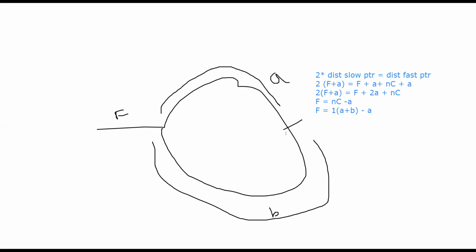Okay, does anyone have any other suggestion on that? Does someone want to share their screen and draw it? This is what I understood. I think your proof is almost pretty good. And what Gaurav was saying is that instead of 2 times f plus a, you could say f plus some m into c plus a for the slow pointer also.